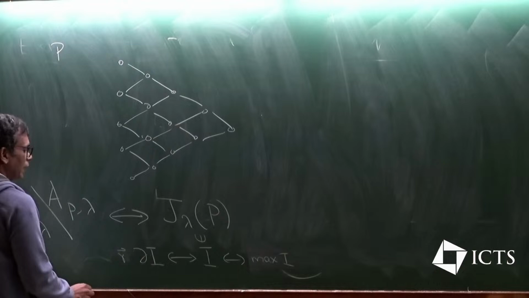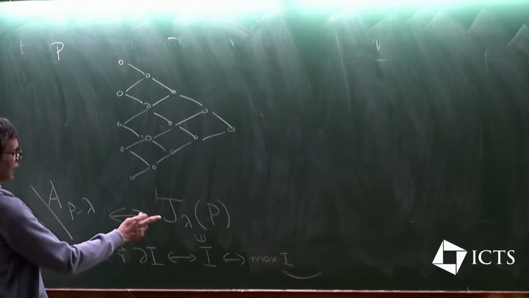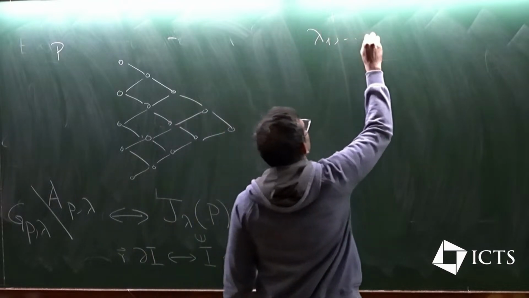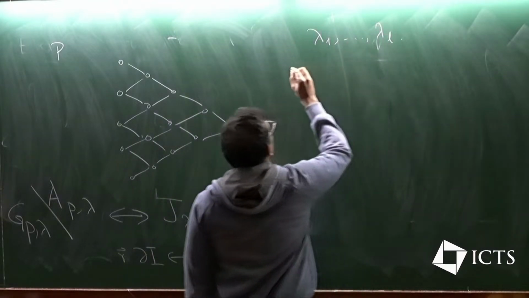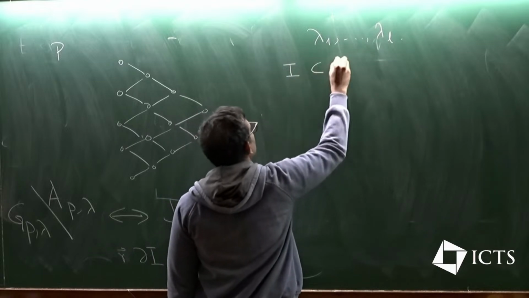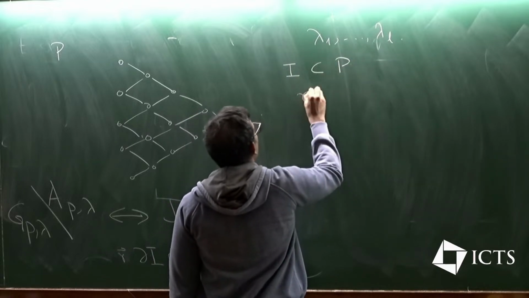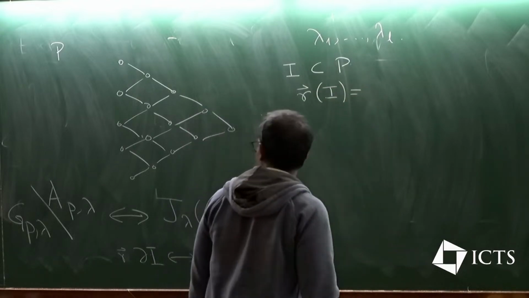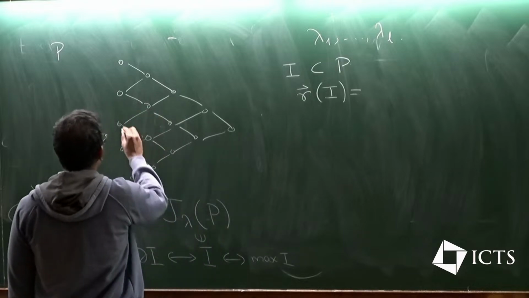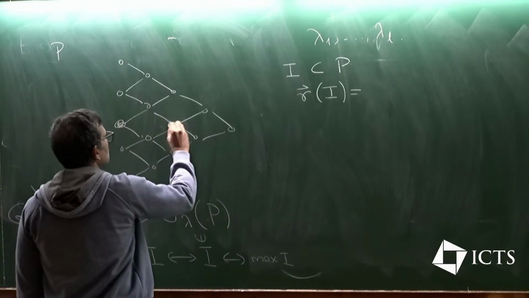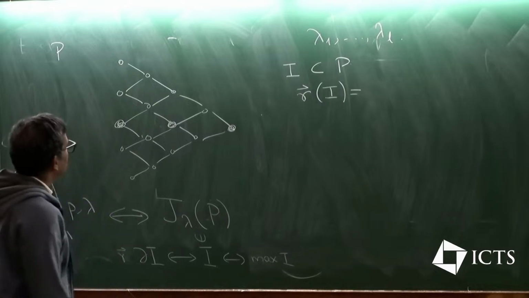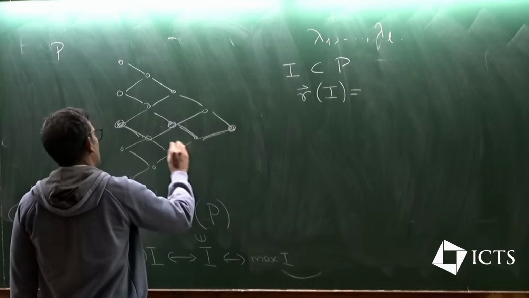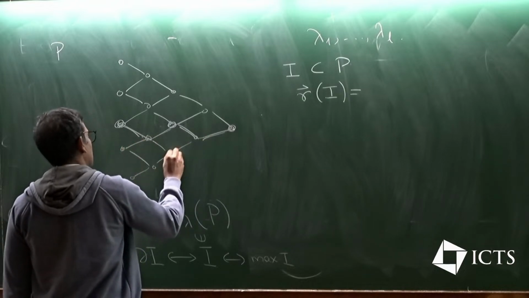We'll think of it as a vector with the same indices as the partition. So if I'm given lambda 1 through lambda L, and I'm given I an order ideal in P, then I can talk about the boundary of the ideal. This was the example I'd looked at, where the ideal had these three maximal elements, then the ideal has all these points that lie below them.